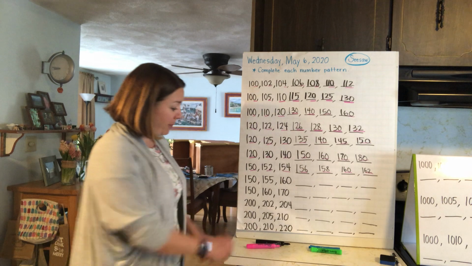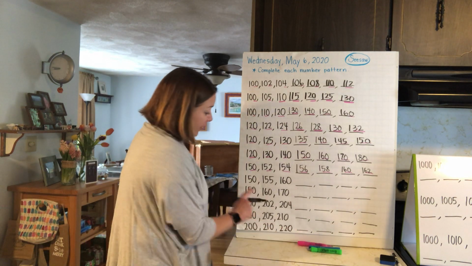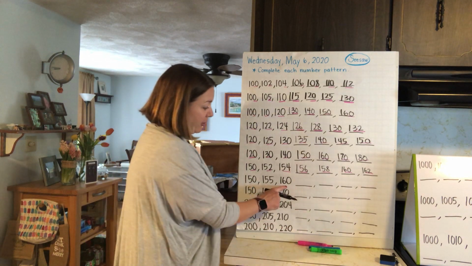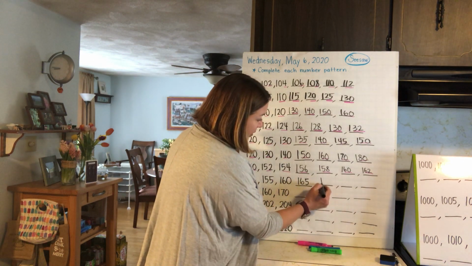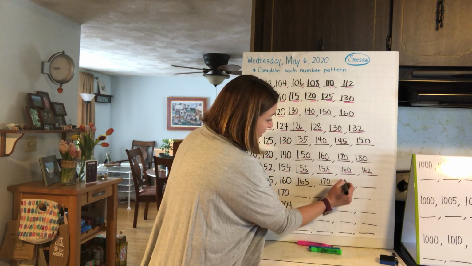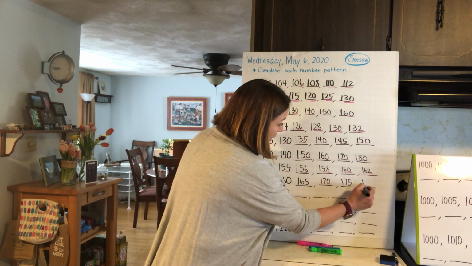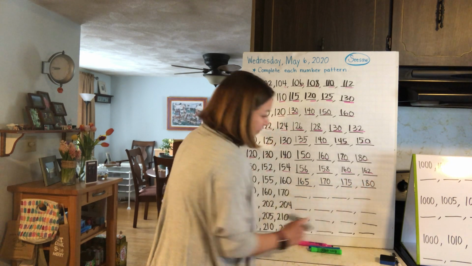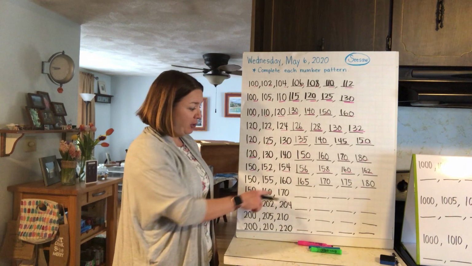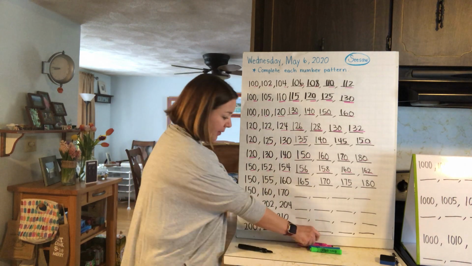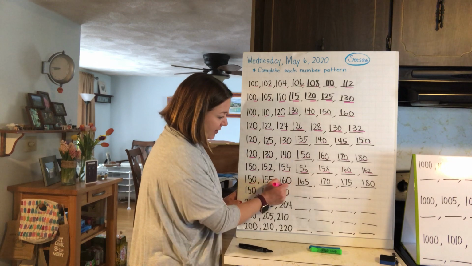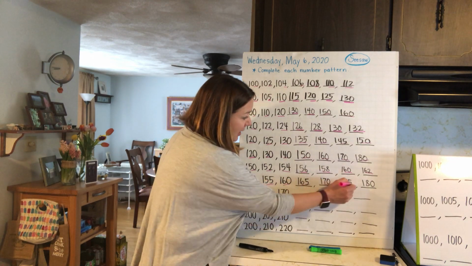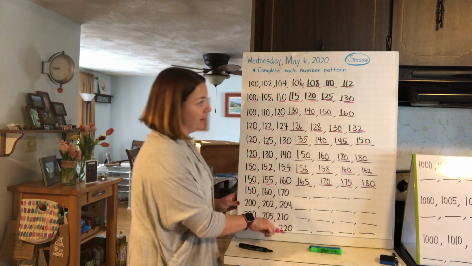In this pattern, we're counting by fives. 150, 155, 160, 165, 170, 175, 180. Check your numbers. Make sure you're writing them just like me. So we have 50, 55, 60, 65, 70, 75, 80.